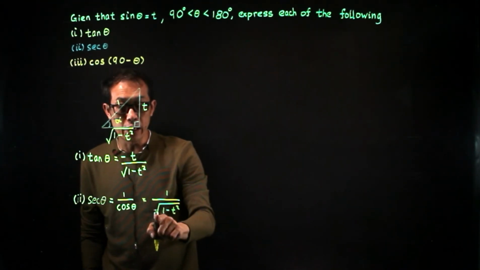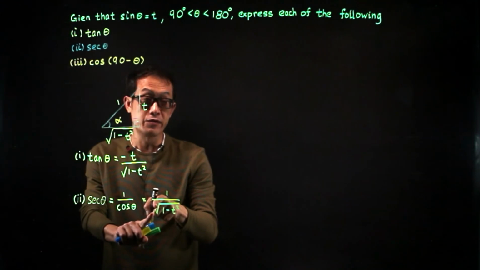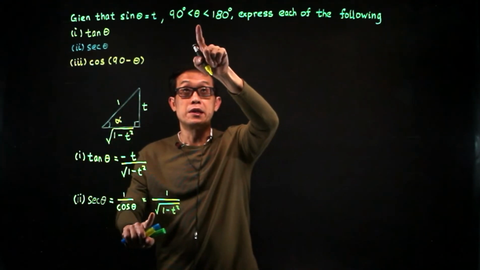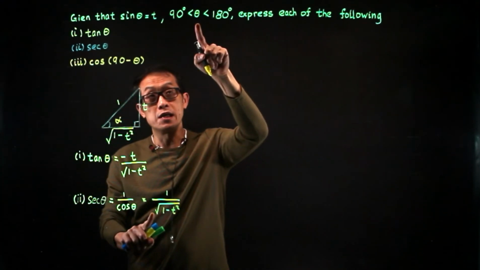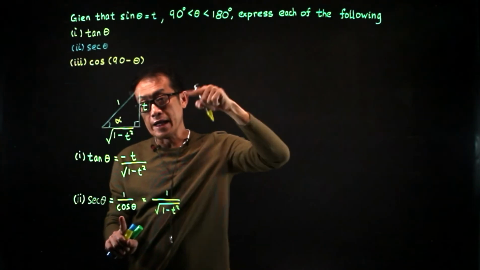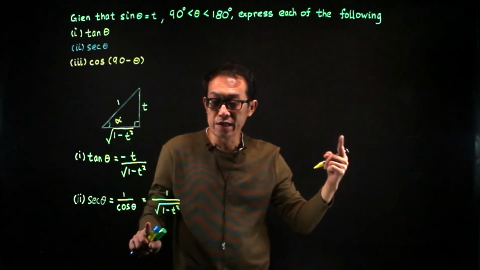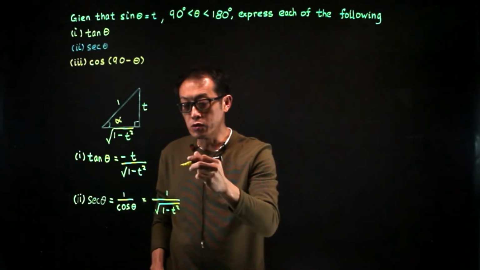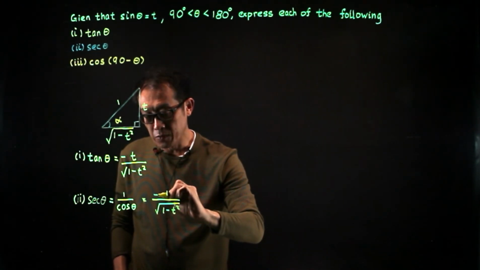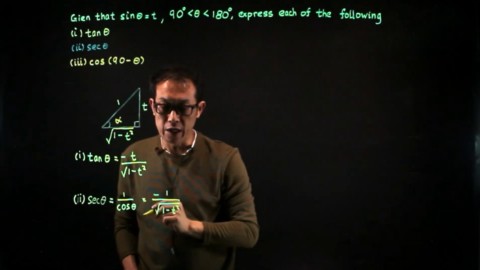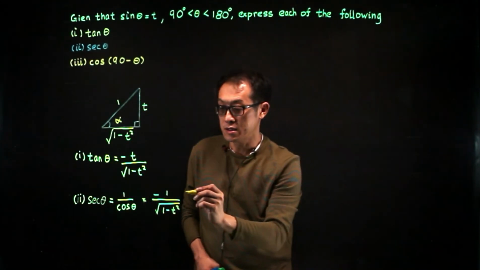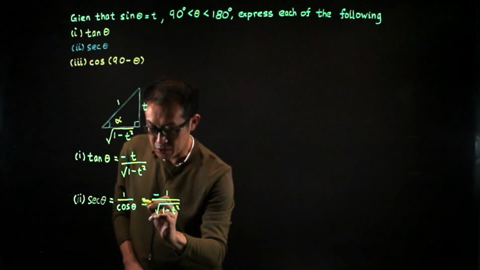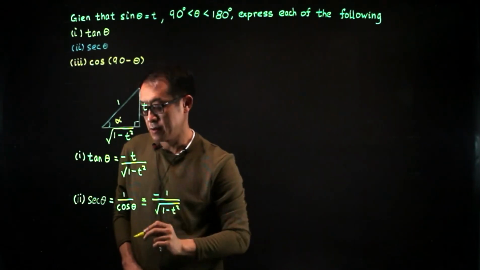Looking at this, it is itself positive, but because theta is in the second quadrant and cos theta is negative in the second quadrant, because this is positive, in order to make it negative, we have to put a minus. Okay. This is an equal sign. All right. Maybe I draw it again.